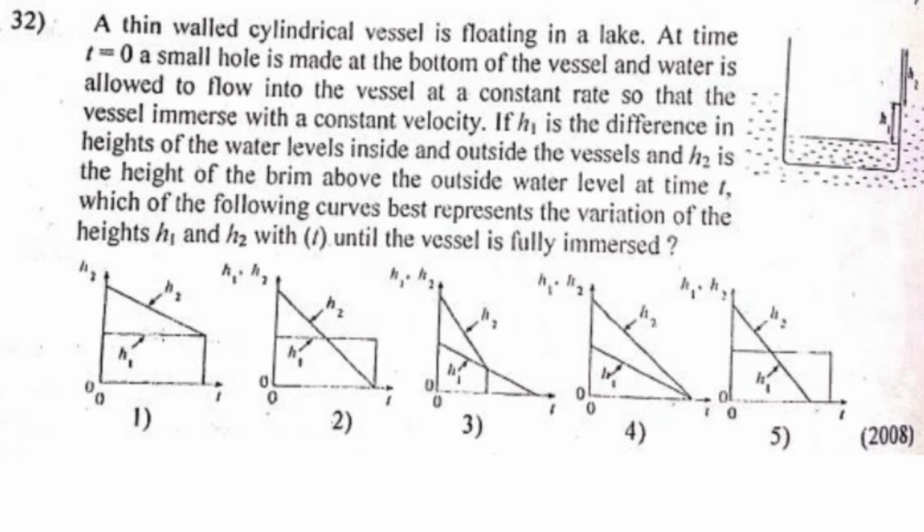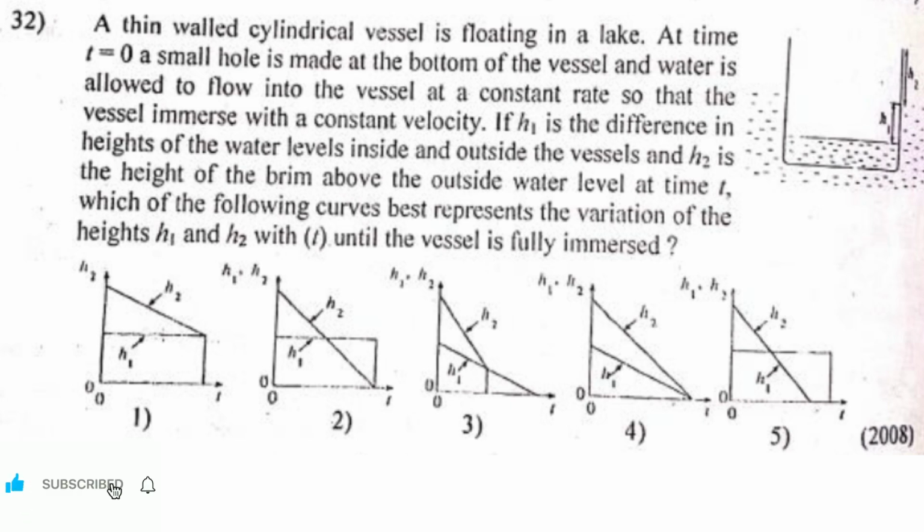Then 32. A thin-walled cylindrical vessel is floating in a lake. At time t equals 0, a small hole is made at the bottom of the vessel, and water is allowed to flow into the vessel at a constant rate so that the vessel immerses with constant velocity.